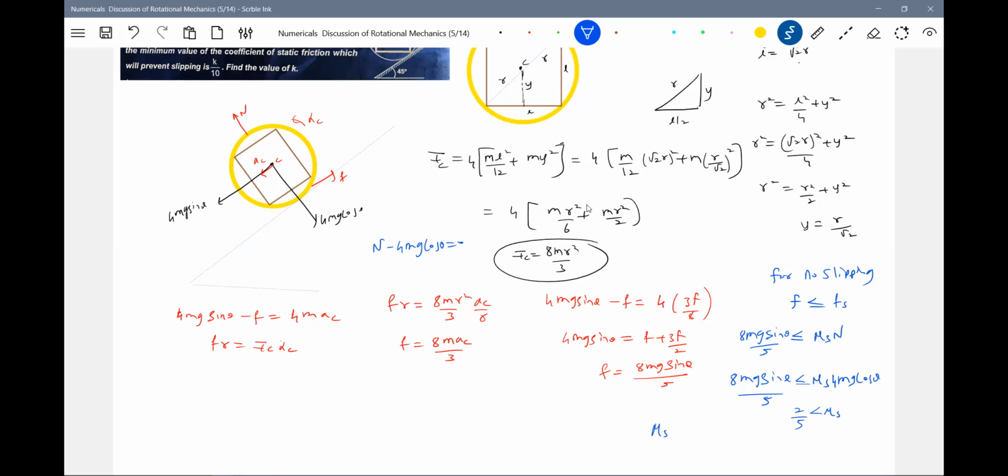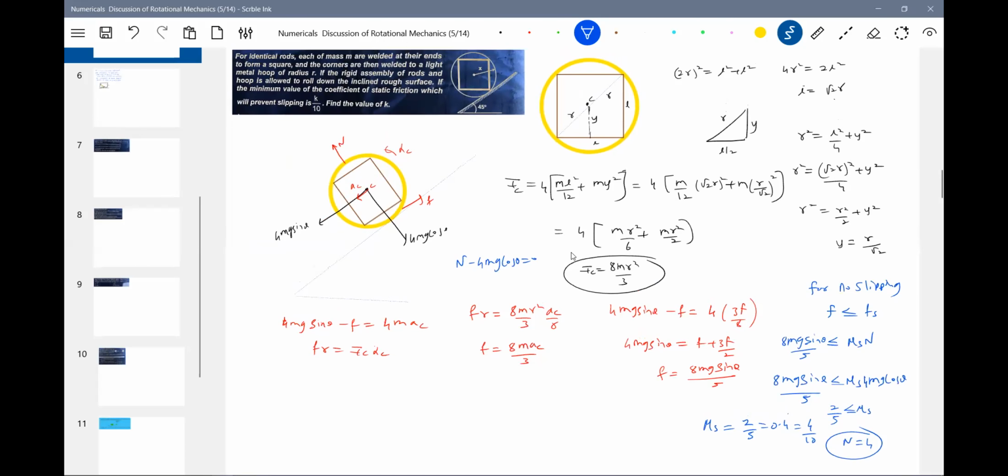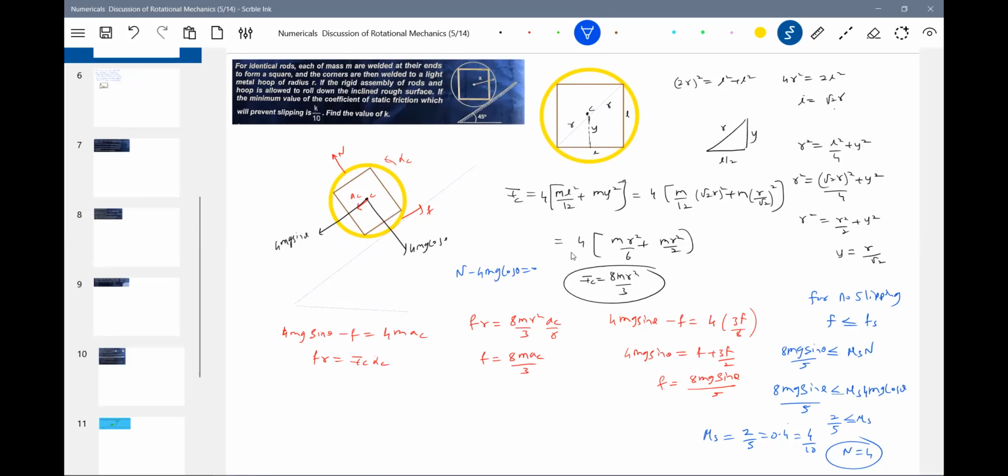Mu s should be greater than or equal to 2 by 5, or 0.4. Sir, yes, we can use mu minimum equal to tan theta by 1 plus MR square by IC directly. I just wanted everyone to revise once again the basic idea from where that formula has come.